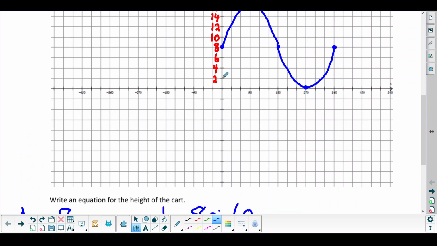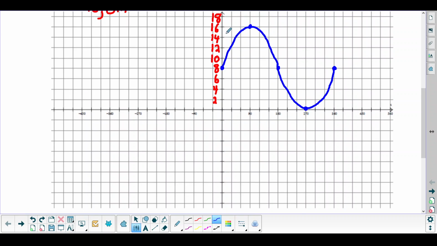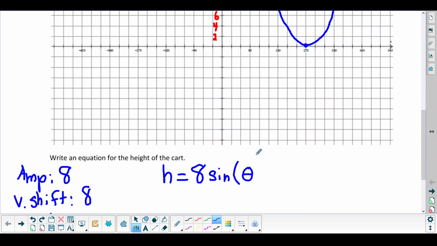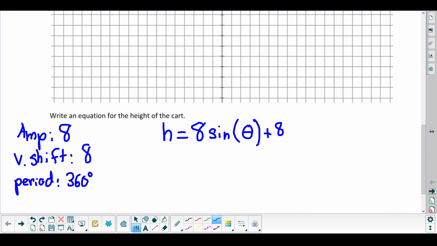And for a sine wave, I don't think we need to translate it left or right to line up with the y-axis. So we don't need a phase shift. Plus our vertical shift, plus 8. All right, so that is the equation for the height of the cart on the Ferris wheel.